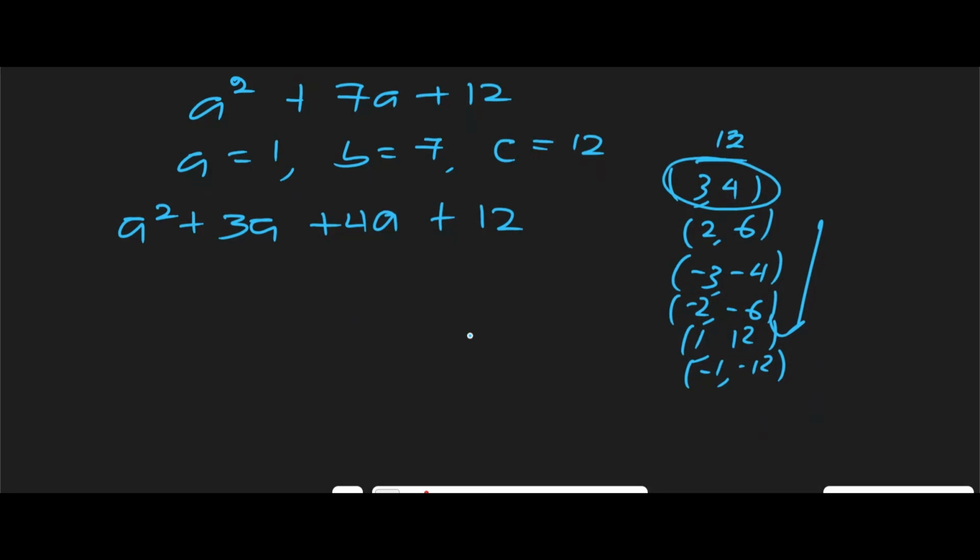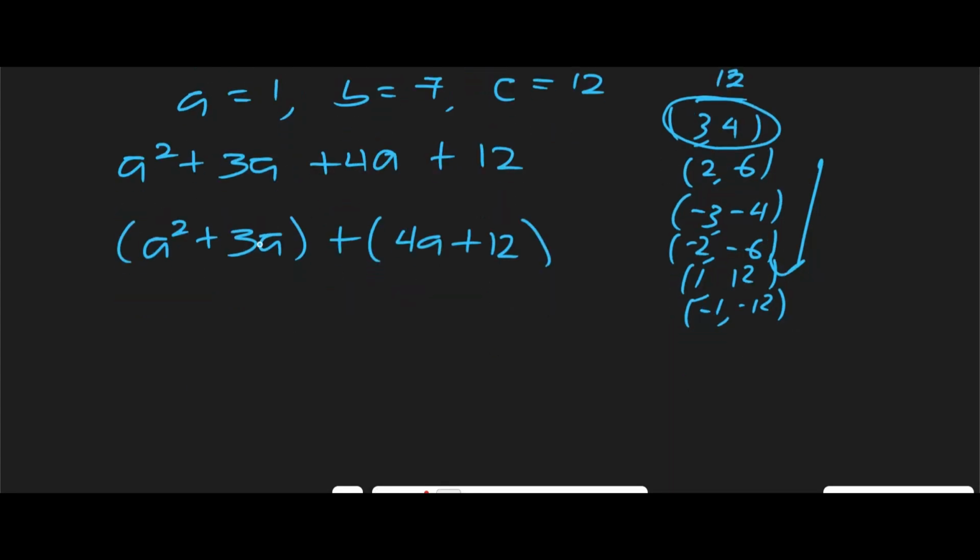Now that we have 4 terms, we just group the first 2 terms and the last 2 terms separately. So I'm going to get a squared plus 3a, plus 4a plus 12. So we factorize each bracket. The common factor is going to be a, and a goes into a squared a, a goes into 3a, 3, plus 4a and that of 12.